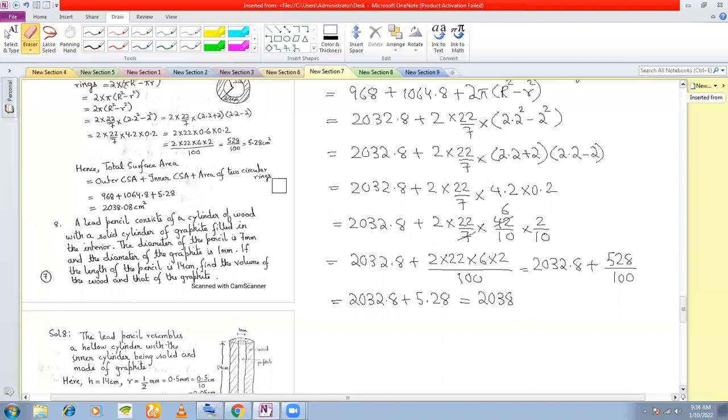Oh, this is okay. This is 2038.08 centimeter square. Okay, this is the total surface area of the hollow cylinder. Okay, so I'll stop here.